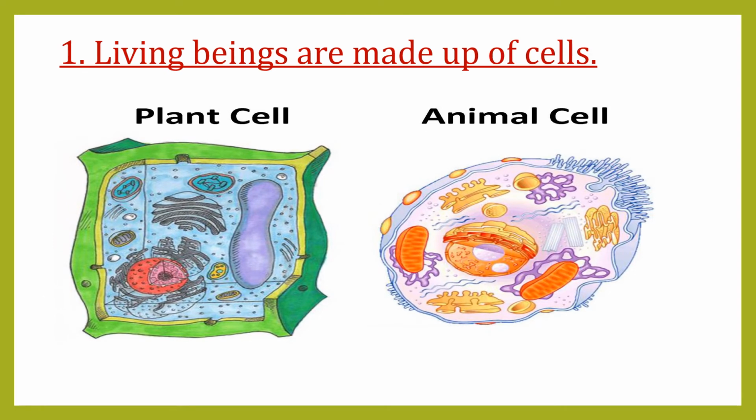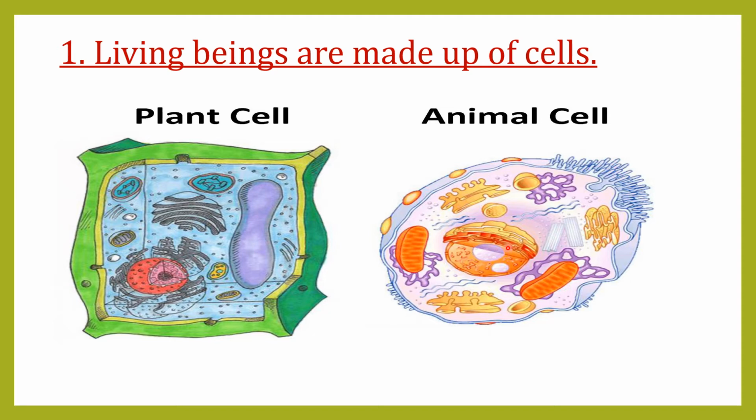First characteristic is living beings are made up of cells. Observe these pictures. They are of plant and animal cell. I'll tell you a small example. When we construct a house, we use bricks, cement, water, steel, wood, etc. to complete the house.